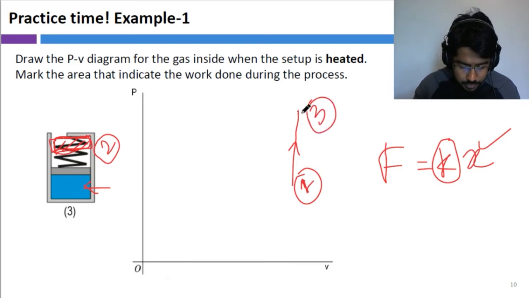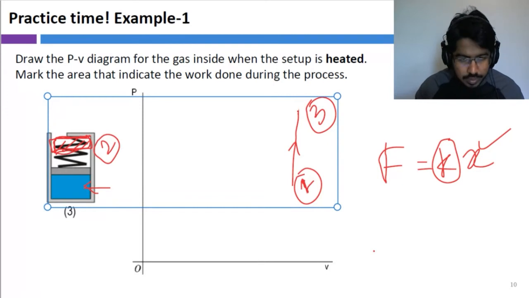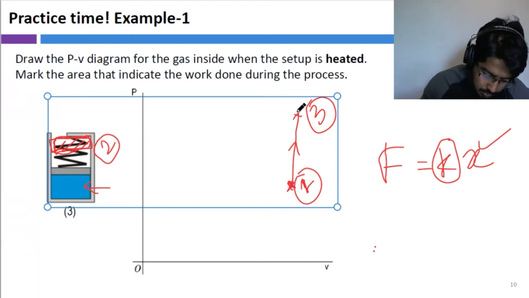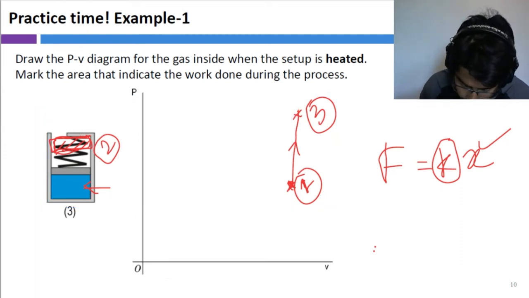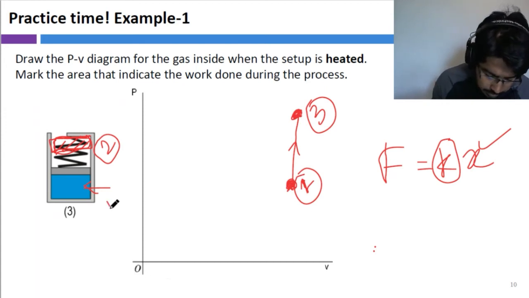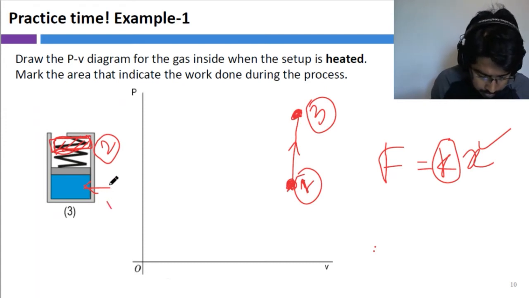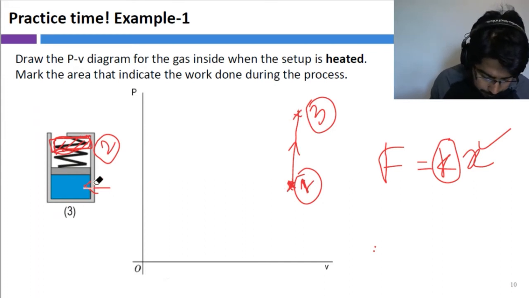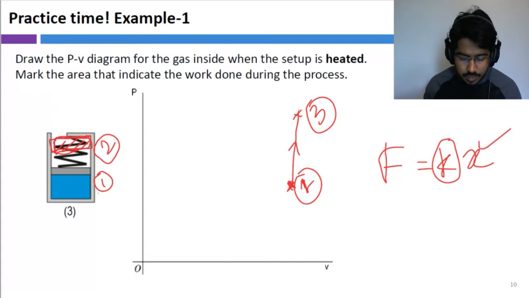This part is pretty straightforward. The real question is, what happens from 1 to 2? Sorry, this pen is giving me a hard time today. Let's say the starting state of the piston, the initial state, is 1, right?